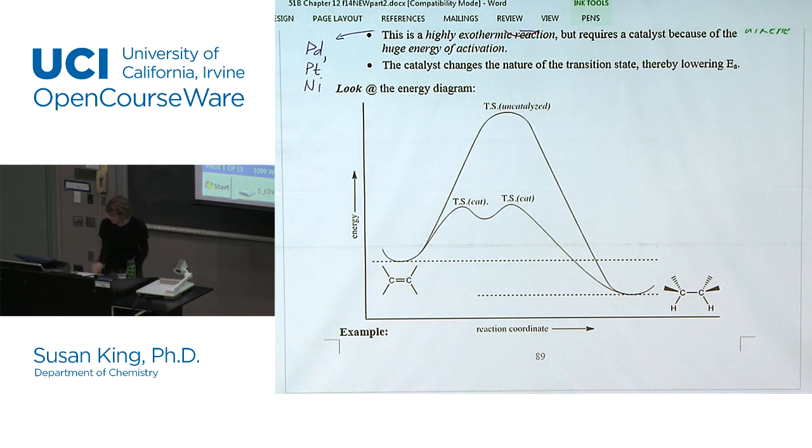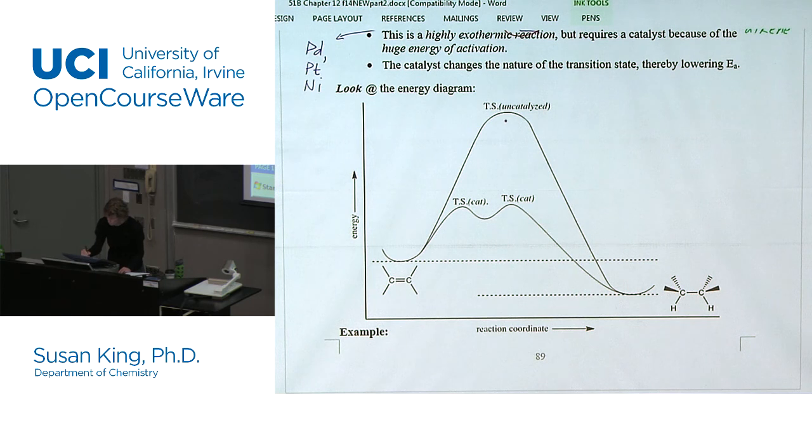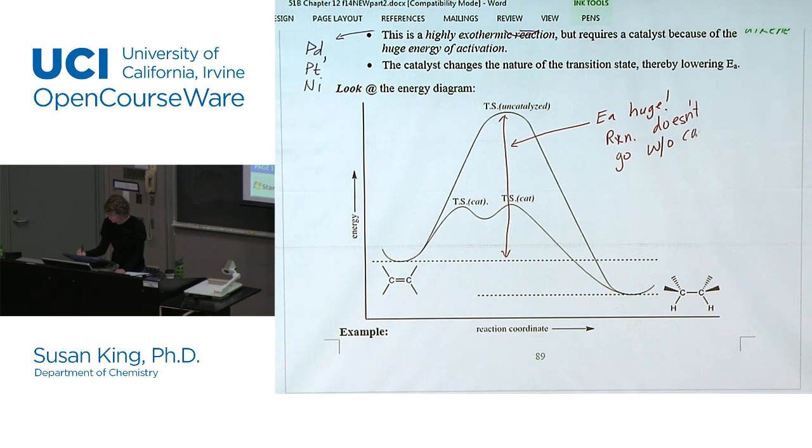As you can see, this would be way too high of an energy of activation for the uncatalyzed reaction. It never happens. EA is huge, so the reaction doesn't go without the catalyst.